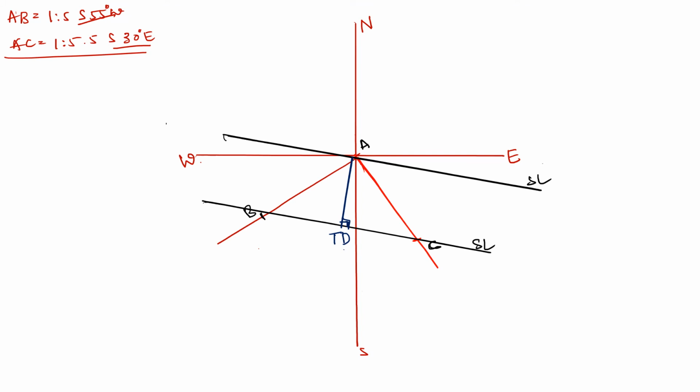I'll write down here our true dip. Once the true dip is presented, we'll calculate the distance A to TD.